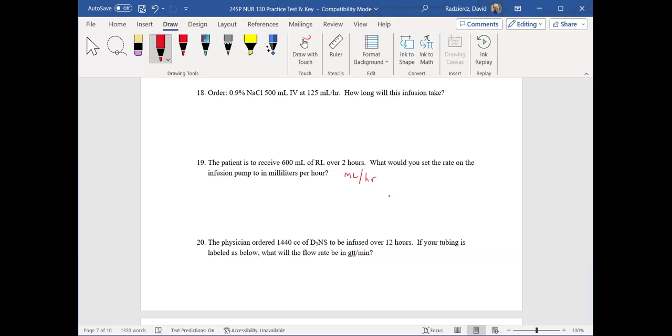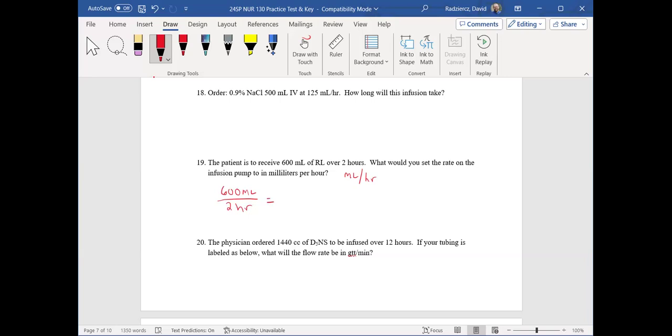All right. Since I know that I'm looking for milliliters per hour, I'm just going to set this up exactly as it says: 600 milliliters, 2 hours. Once I do that, I'm just going to reduce my numbers.